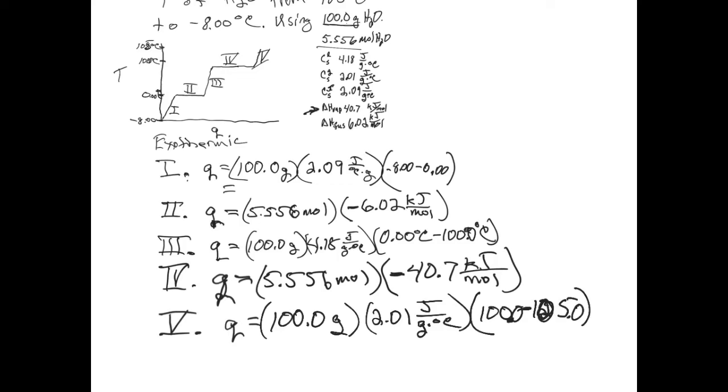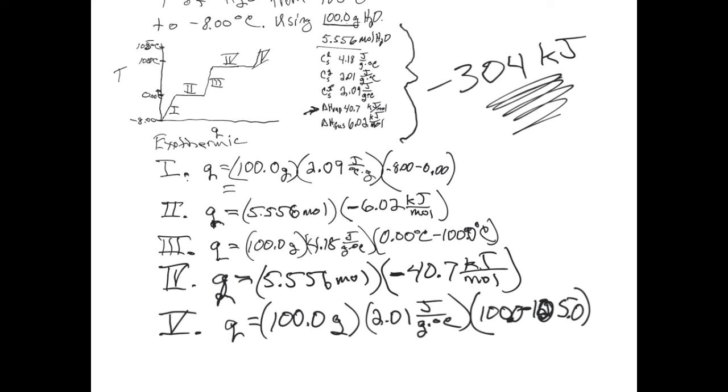And so now you can calculate all that, add it together, and the amount of heat that's involved should be, drum roll, minus 304 kilojoules. And if you didn't get that answer, you may want to visit the CIC and see if you can come up with it.